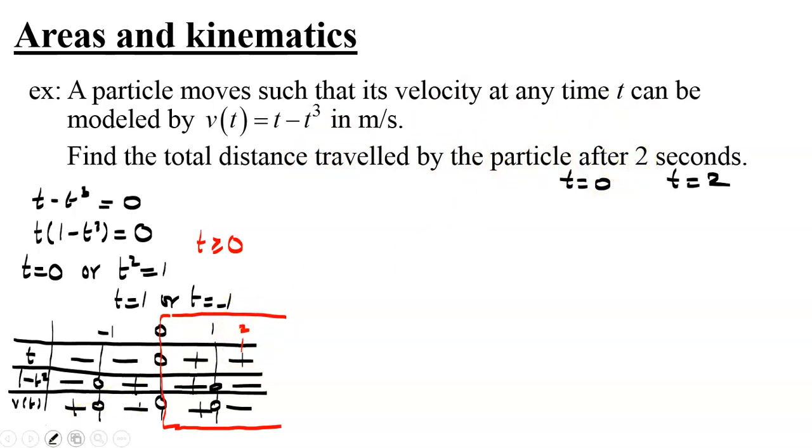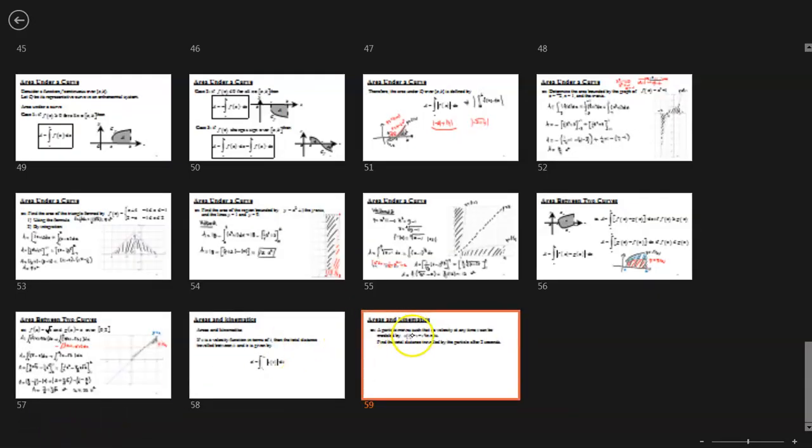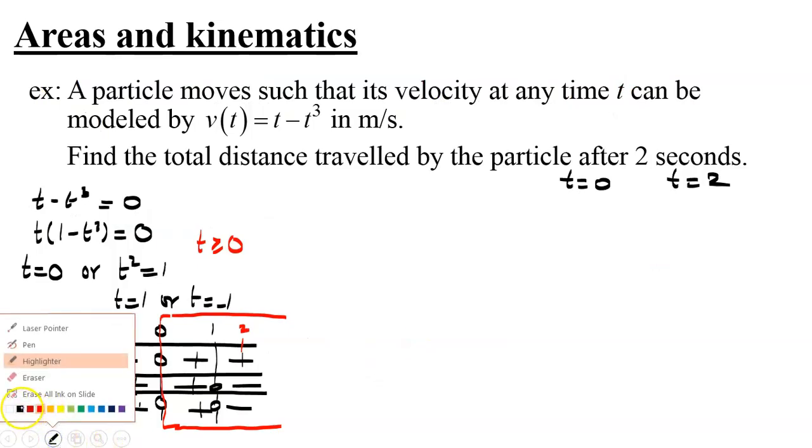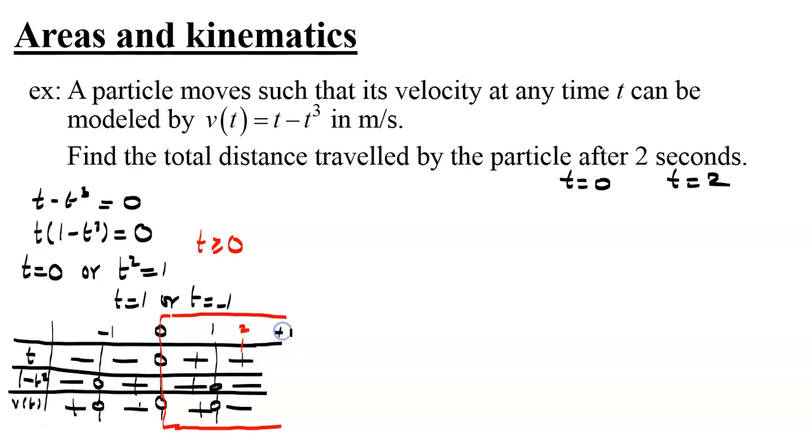This is where t equals 2, because don't forget this goes all the way to positive infinity. However, I'm only interested in the interval 0, 2. As you can see, over the interval 0, 2, the velocity changes sign at t equals 1. Between 0 and 1, the velocity is positive, and between 1 and 2, the velocity is negative.